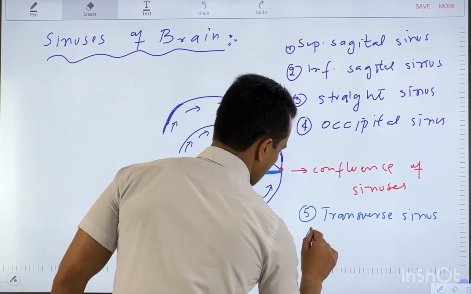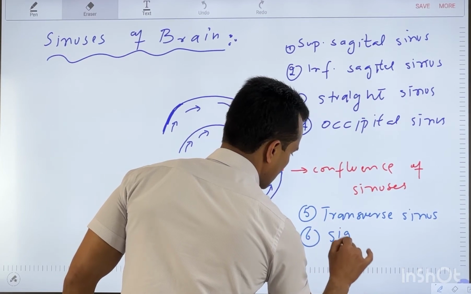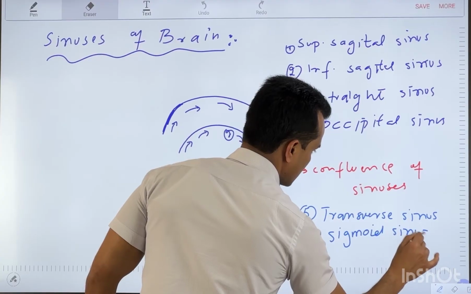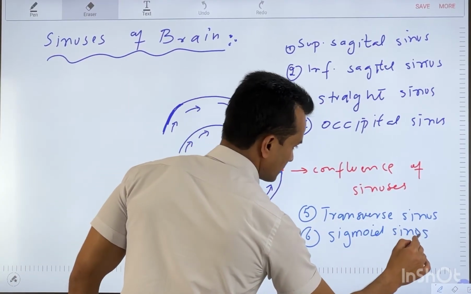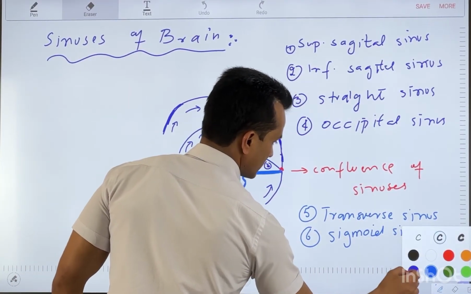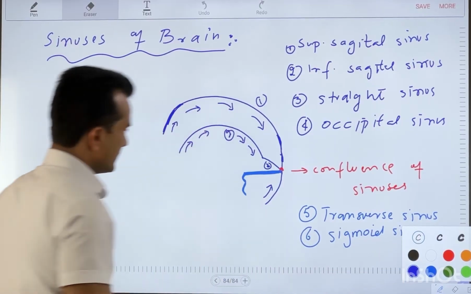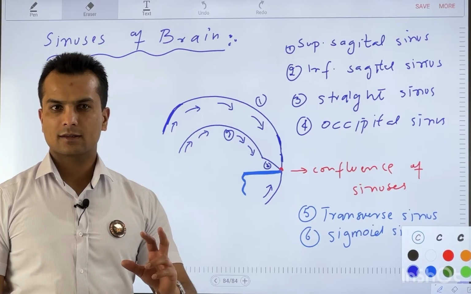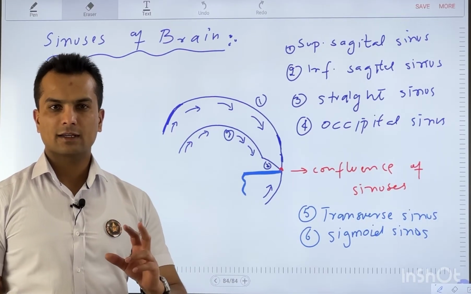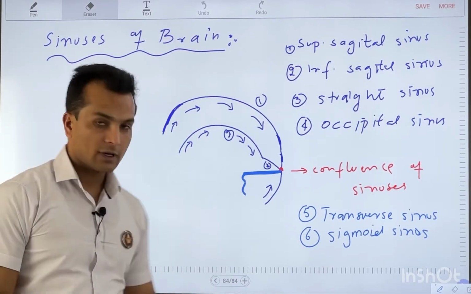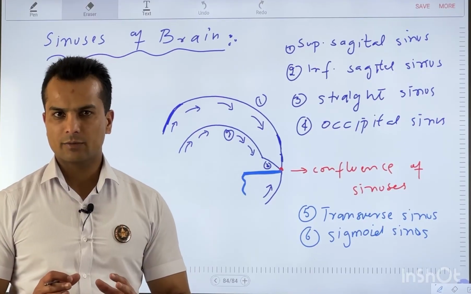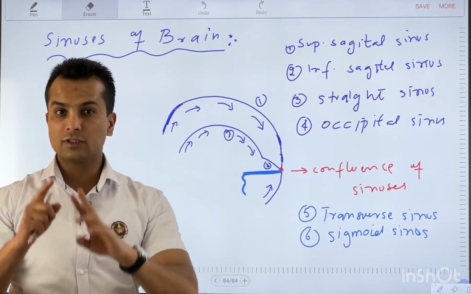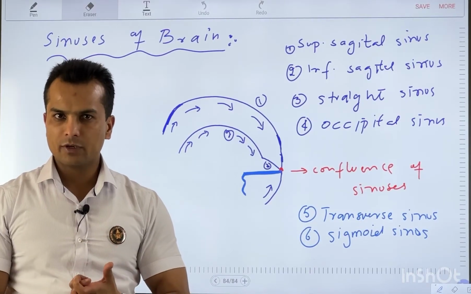So number 6 is the sigmoid sinus. Okay. And with the help of the cavernous sinus, the largest sinus of the brain, the cavernous sinus will receive blood from your eyeball with the help of the ophthalmic vein.